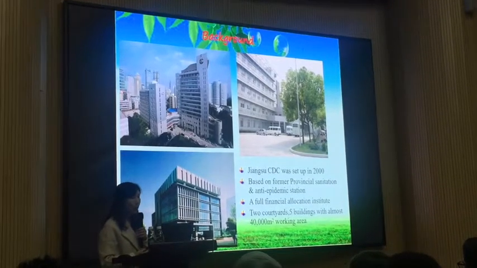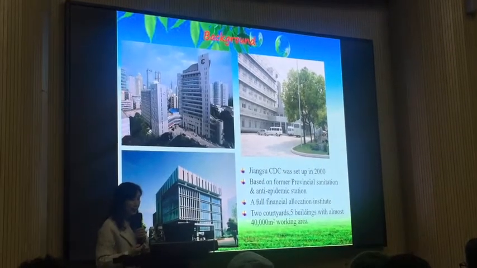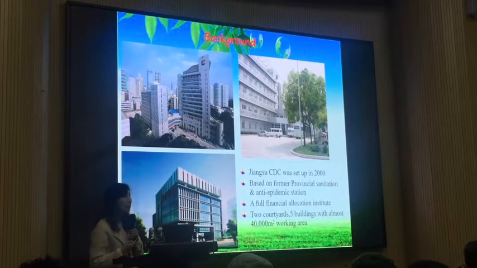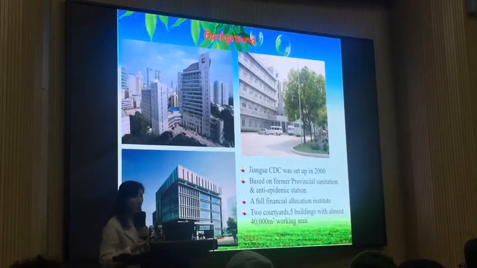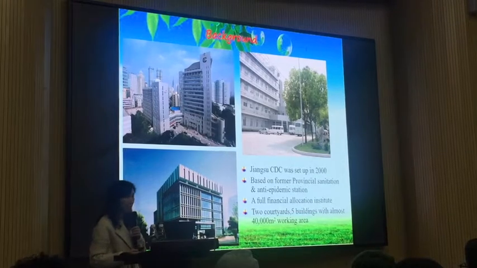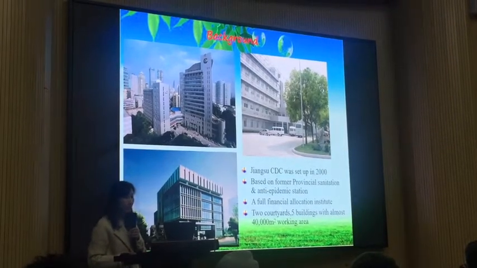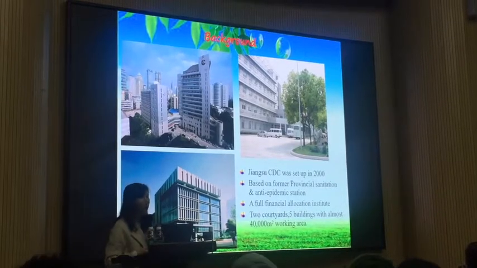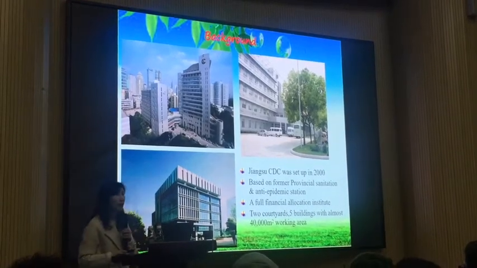It's based on the former provincial sanitation and anti-epidemic station, and it's a full financial allocation institute. We have 2 courtyards, 5 buildings with almost 40,000 square meters working area.